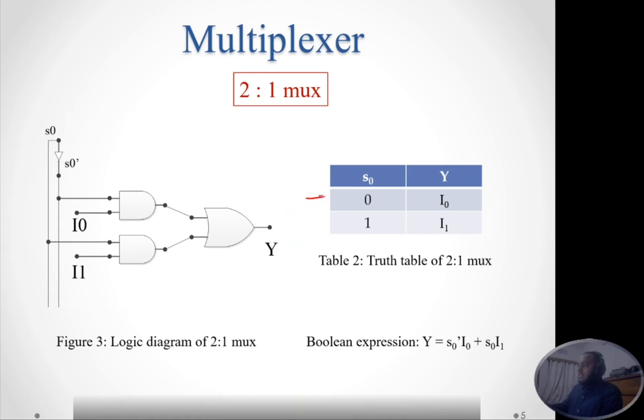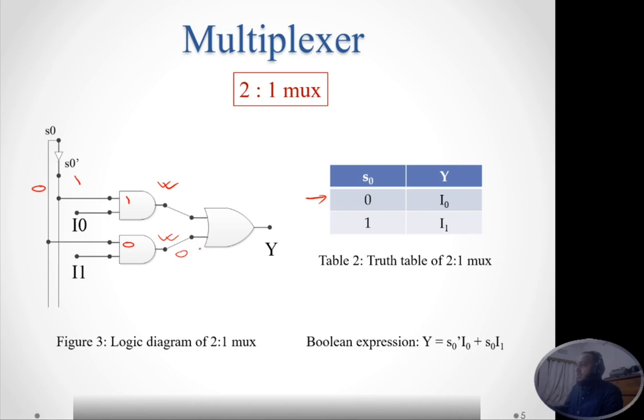So for the first pattern we are giving S0 as 0, and in that case S0 prime will be 1. So for the first AND gate our one input is 1. For the second AND gate our one input is 0. So for the second AND gate we will always get the output as 0 for the first pattern.